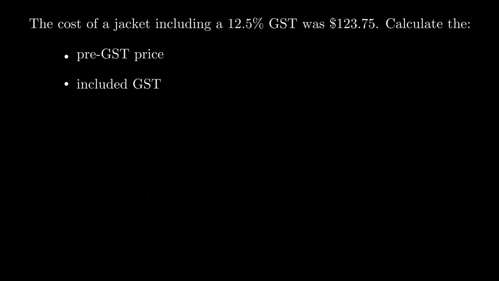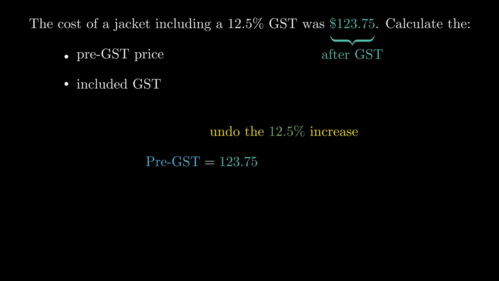So we'll start with the pre-GST price, which from the previous screen was just the blue block. We've been given the price of the jacket, which is 123.75. That's after GST has already been added. So that's where the 12.5% increase has already happened. So what we need to do is to undo this 12.5% increase.